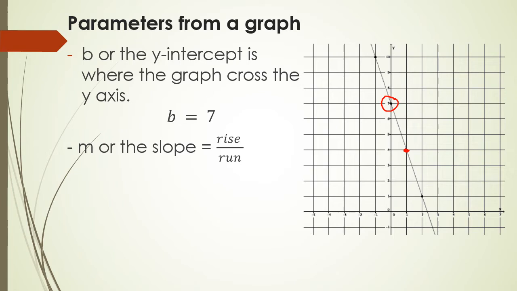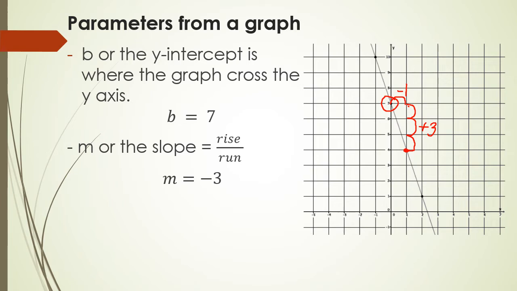So going from the bottom point to the y-intercept, I'm going up 1, 2, 3 units, so that's plus 3. I'm going to the left 1 unit, so that's a negative 1. So the slope for this line is negative 3, because the rise is 3 and the run is negative 1.